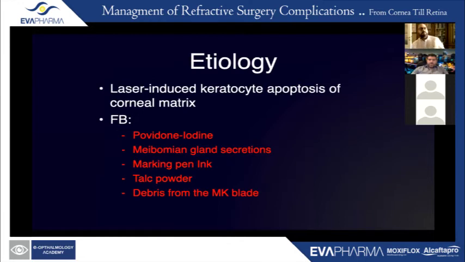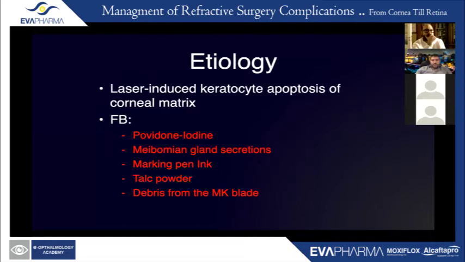As I look at the etiology, there are several theories, no one of them entirely right. Sometimes we say it's laser-induced keratocyte apoptosis of the corneal matrix. Some postulate that foreign material introduced under the flap, like povidone iodine, might be photoactivated by the excimer laser.